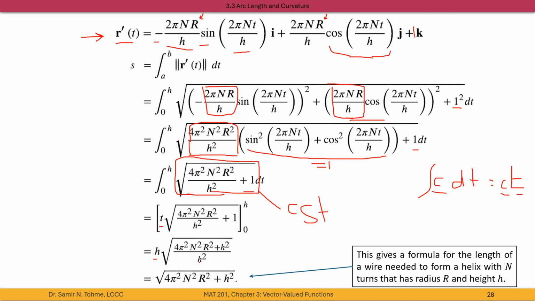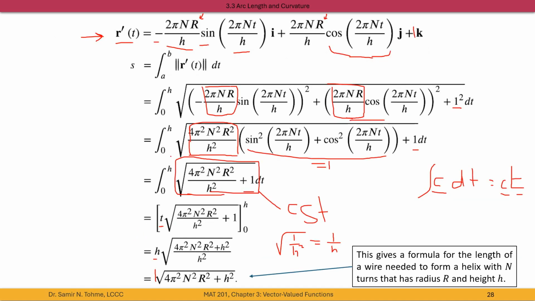And we will simplify this, because the square root of 1 over h squared is 1 over h. So this denominator will move out, and h divided by h is 1, and you will get the radical of this numerator only.